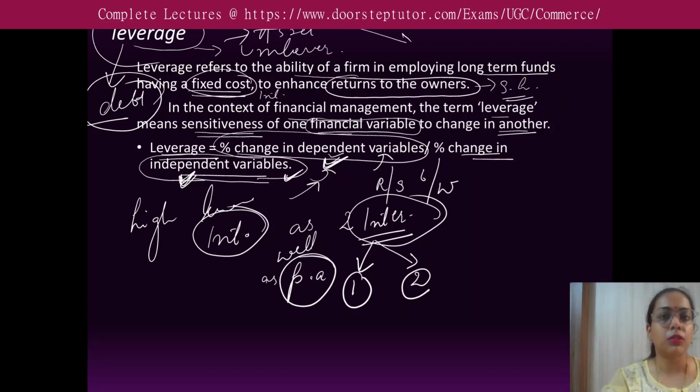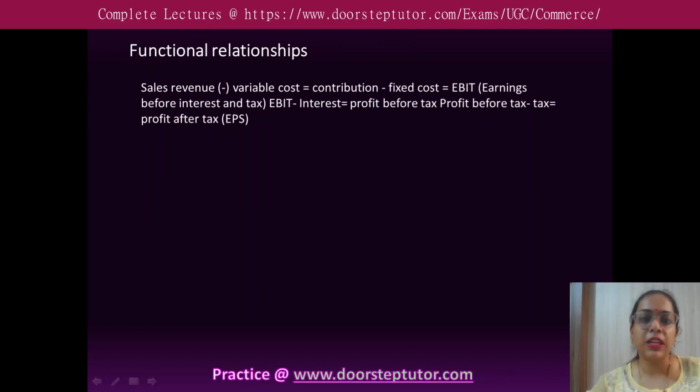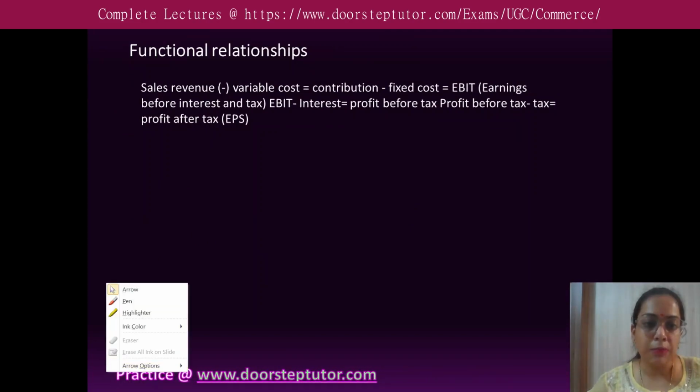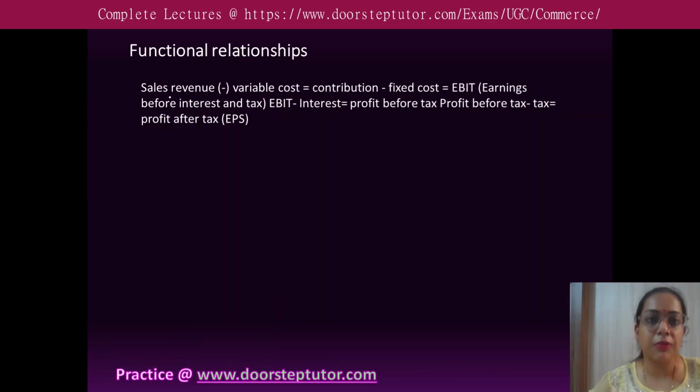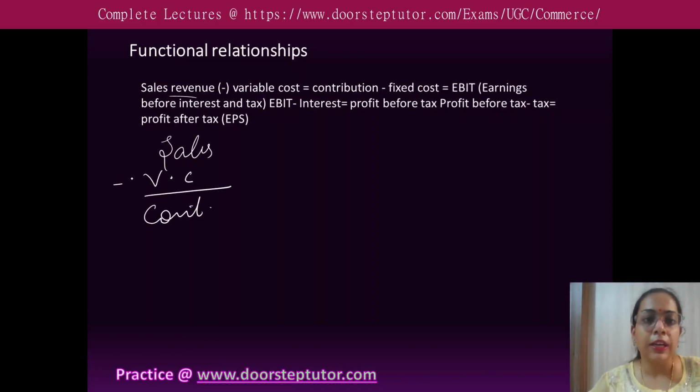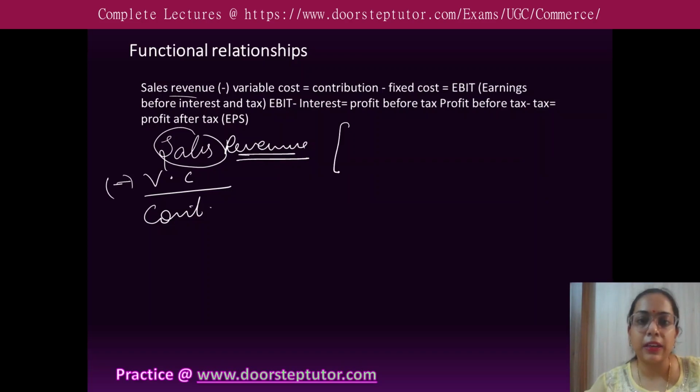The functional relationship is very important to understand. Sales minus variable cost is equal to contribution. Sales revenue is whatever amount we get after selling our product at our price.